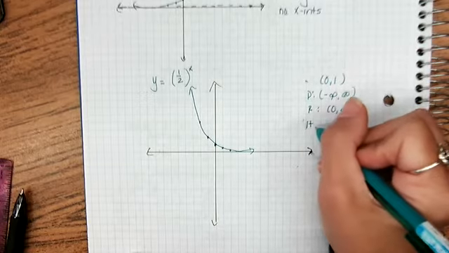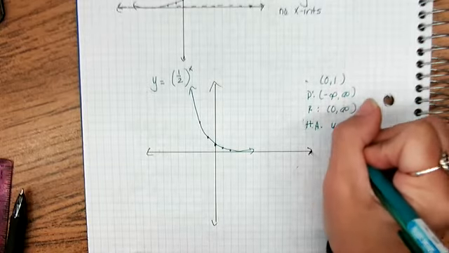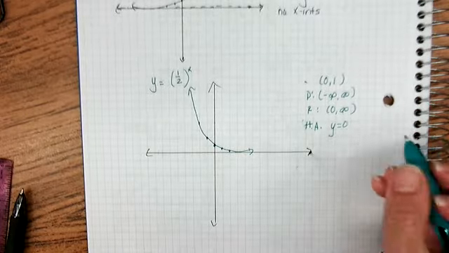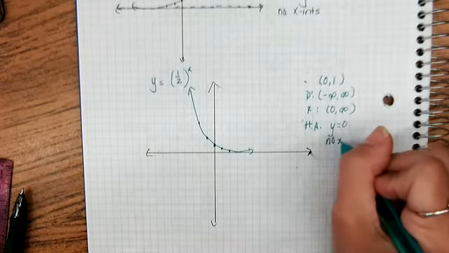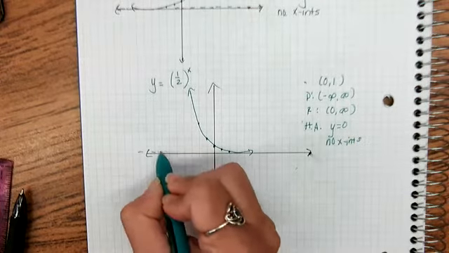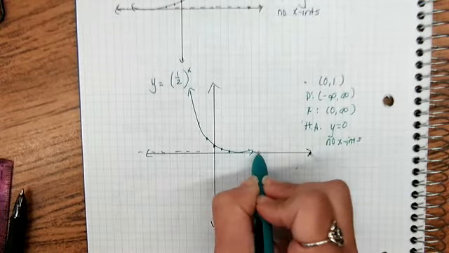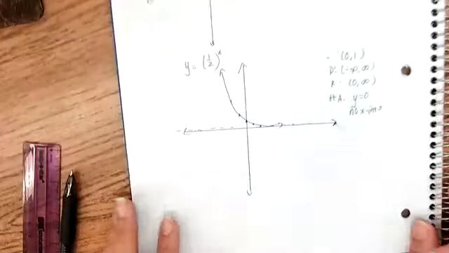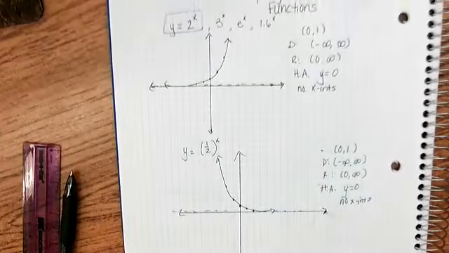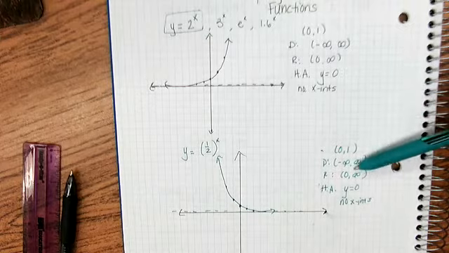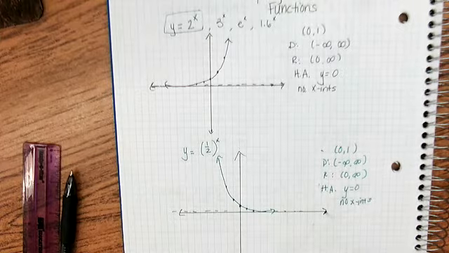The horizontal asymptote is still y equals 0. And there are no x-intercepts. And let me draw in that horizontal asymptote. The domain, the range, the horizontal asymptote, the same, etc.